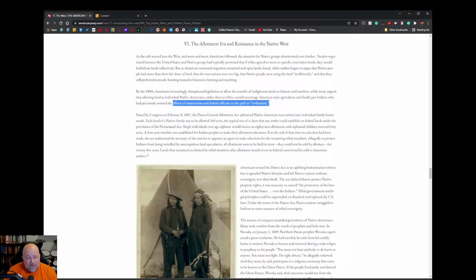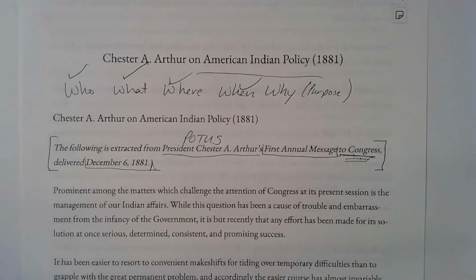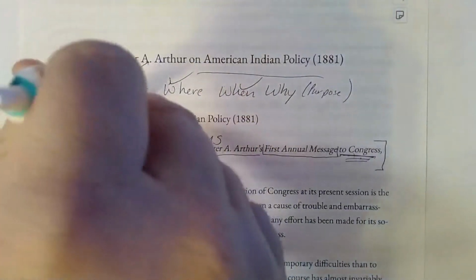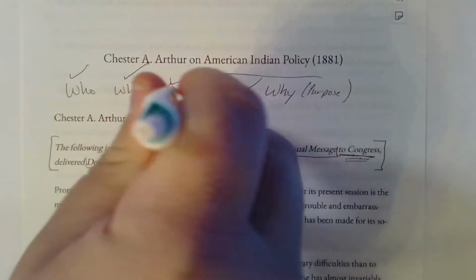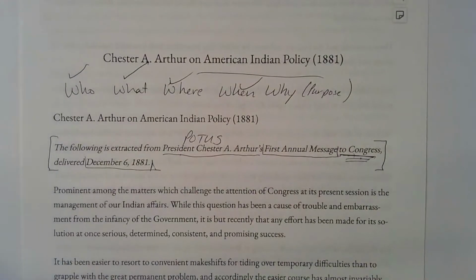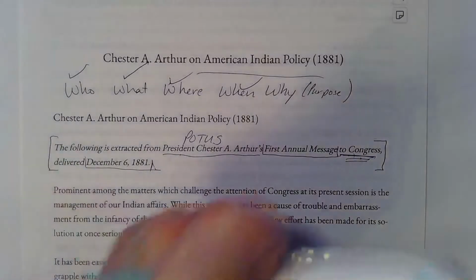All right. And that helps us get into the mindset of the primary source that we're about to read. So not only do we have the background for the author and the purpose of the piece, the source, I should say, but we also have an idea of the historical context itself. Now, once we have all that in mind, and it's not a bad thing to take some notes on this.